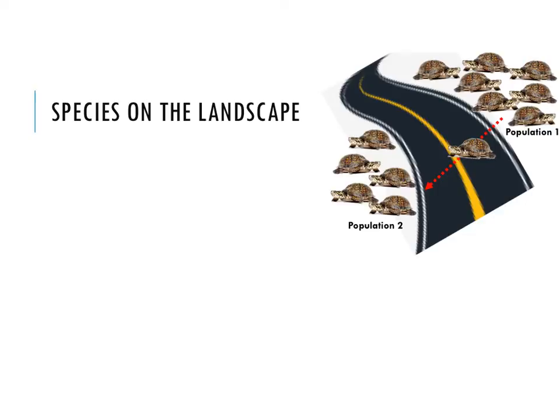Okay, so individuals do not freely move all over the landscape. Their movement is limited by many things, but here are some examples.